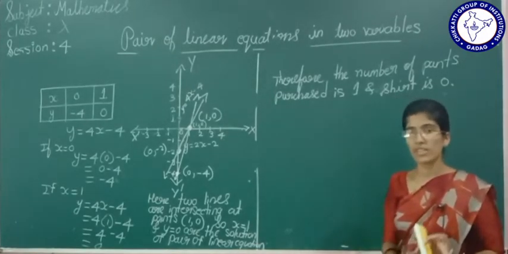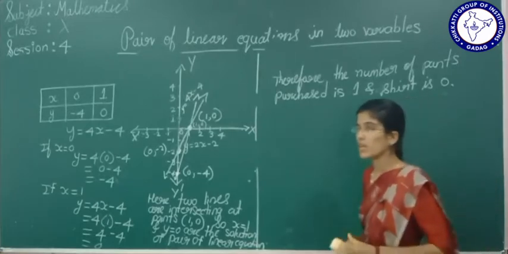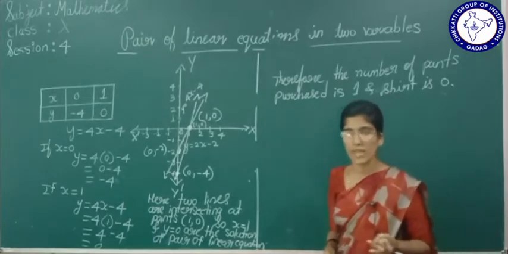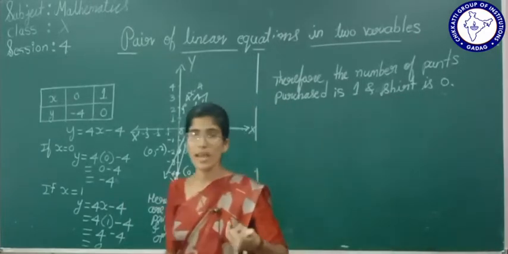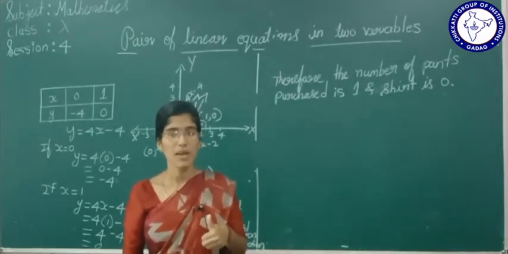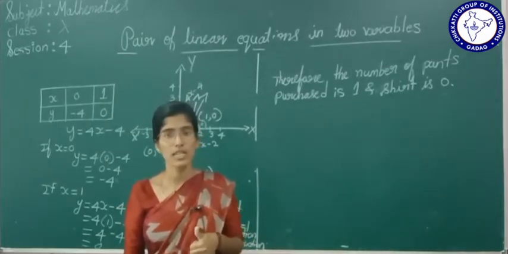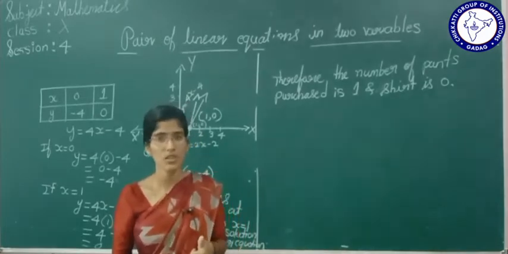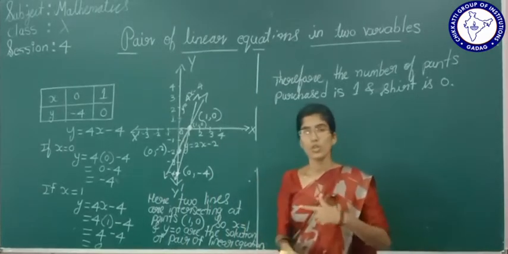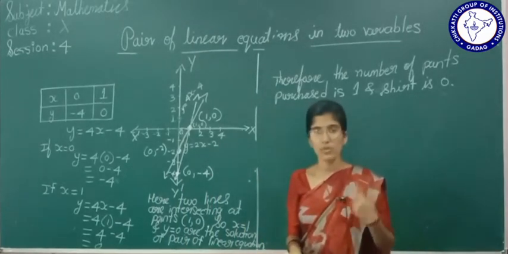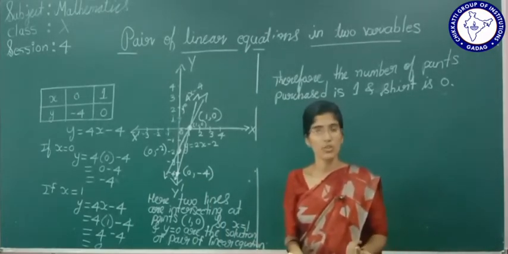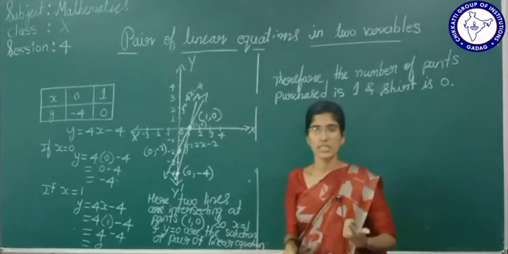This is the way we find the solution of a pair of linear equations using the graphical method. Here you have to remember three very important points. When two lines intersect, we get a unique solution, and that pair of linear equations we call consistent. If two lines are parallel, we do not get any solution, and we call that system inconsistent.